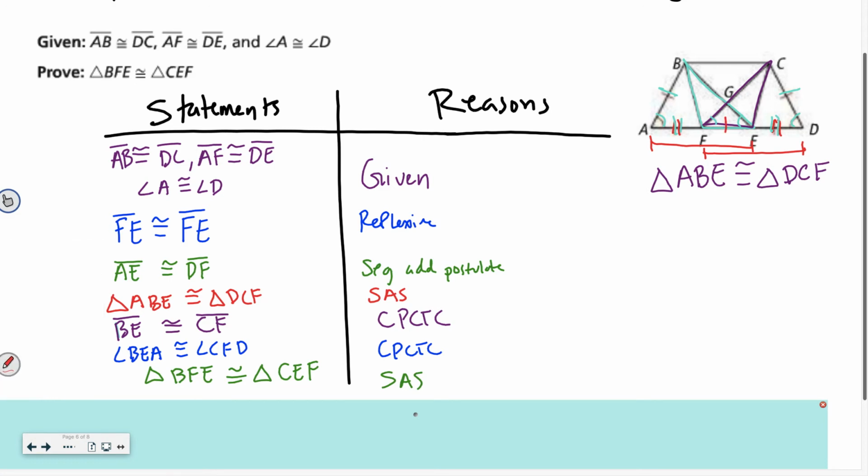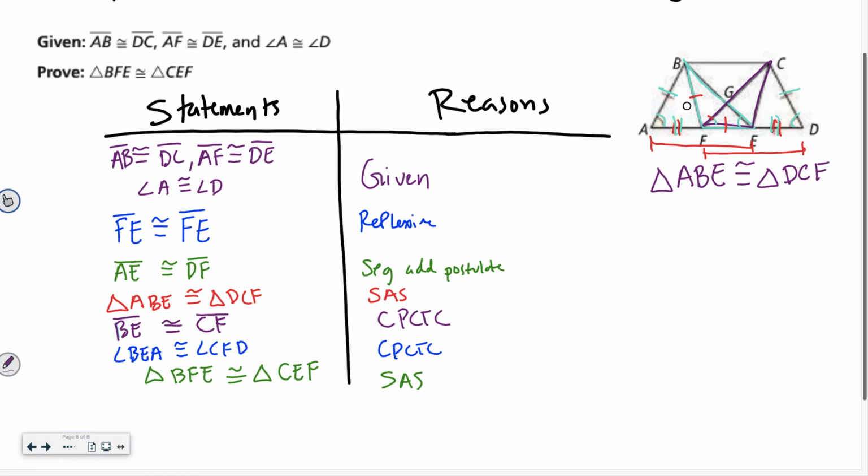So now I have side, angle, side, SAS. Sorry, I realized I marked the wrong side. I should have marked BE and CF. So my picture was wrong. But my proof is correct for the right side. So segment BE is congruent to segment CF, and then we have those two congruent angles, and then we have the perfect side, angle, side.